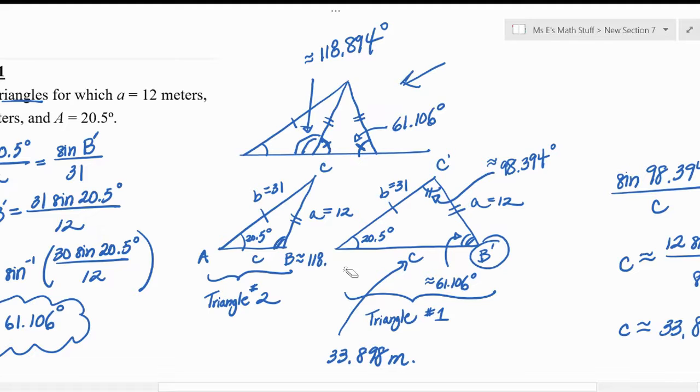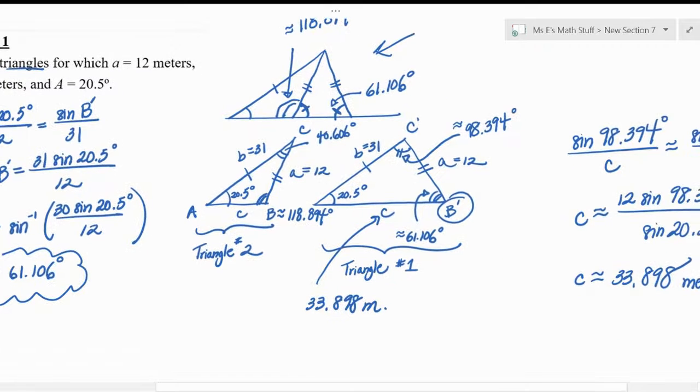And then, once we know the measure of that angle, you could always just start subtracting the angle measures away from 180. And we'd find the measure of angle C up here to be 40.606 degrees. There you go.